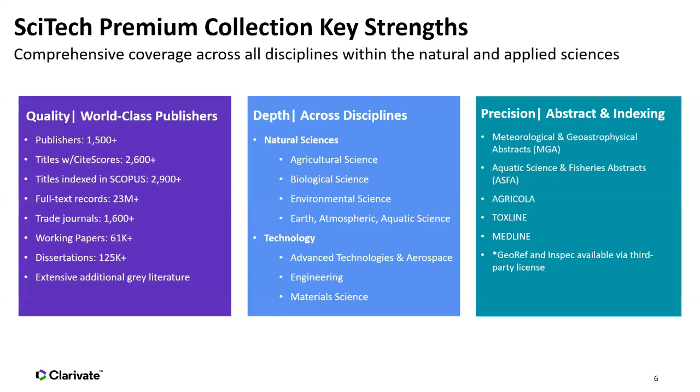And in addition, databases designed to address more discrete topics may also apply enhanced indexing for those subjects. Some examples include meteorological and astrophysical abstracts, aquatic science and fisheries abstracts, ToxLine and Medline from the US National Institutes of Health, and so on.